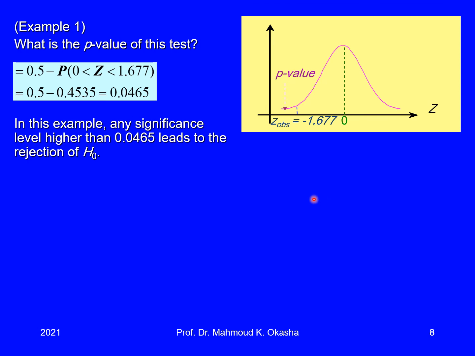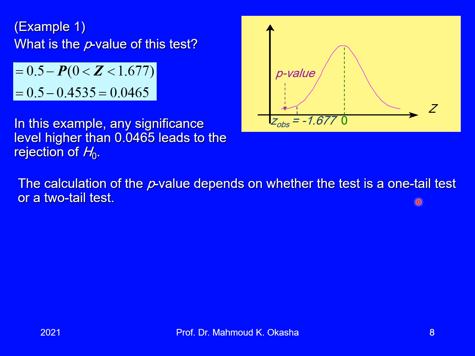So we can reject the null hypothesis if the significance level is 5% in this case. So any significance level higher than this leads to rejection of the null. Right? So this value is small. If the significance level is higher than that, it's okay, we can reject the null hypothesis.